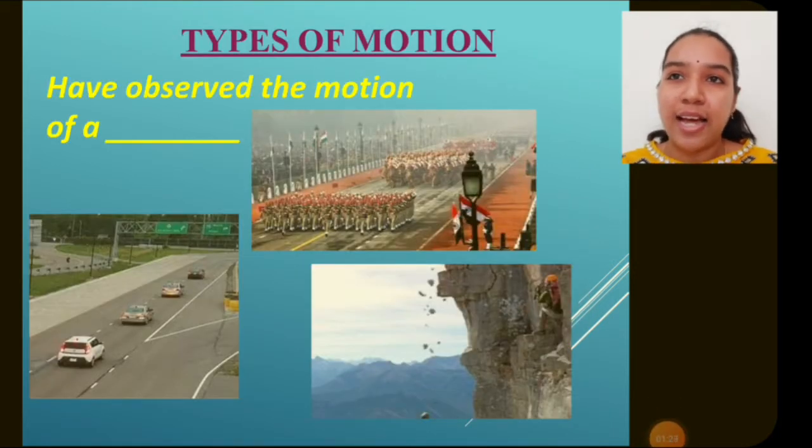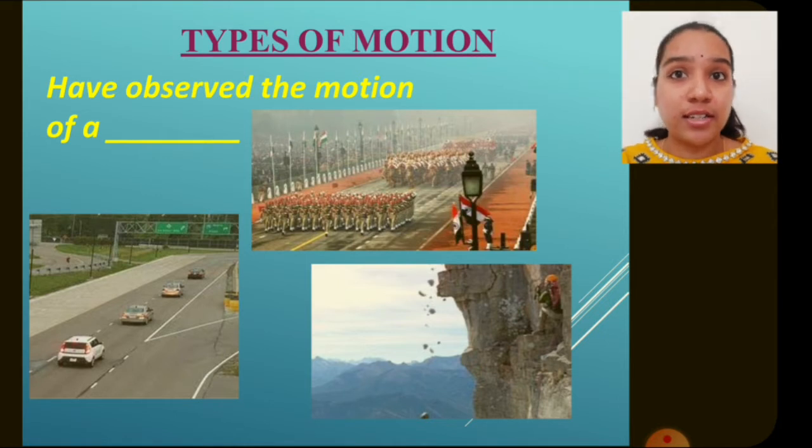Children, have you ever keenly observed a moving vehicle on a straight road? Have you seen a parade or a stone? Have you ever participated or seen a running race?